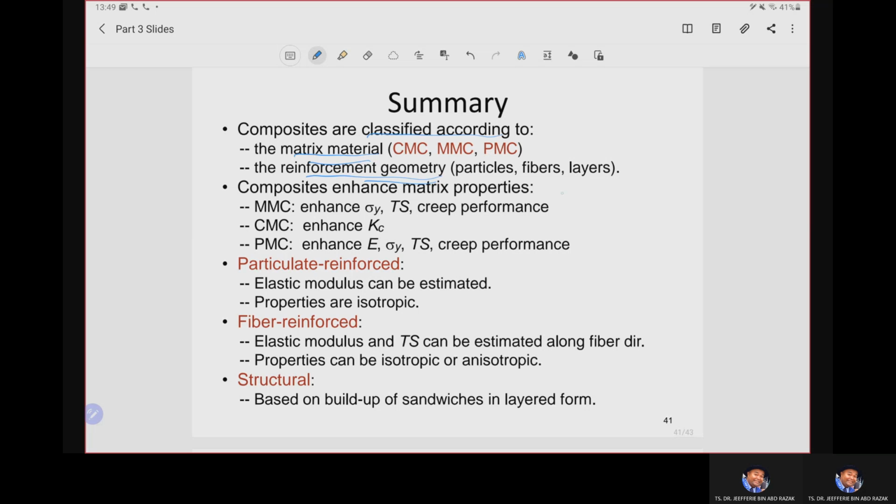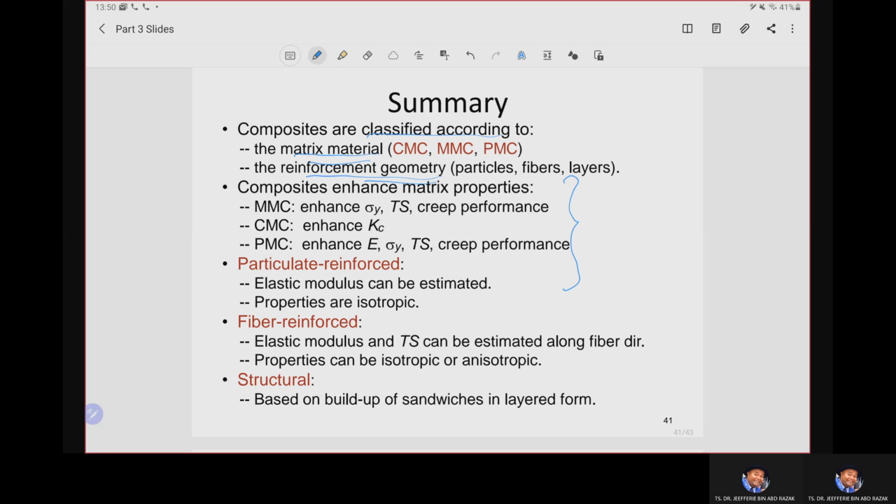So producing a composite has its own specific objective in mind. Meaning to say, for different kinds of composite, we have different purposes for developing the composite. For example, for the MMC, we need to enhance properties like sigma Y, the yield strength, the tensile strength, and the creep performance.